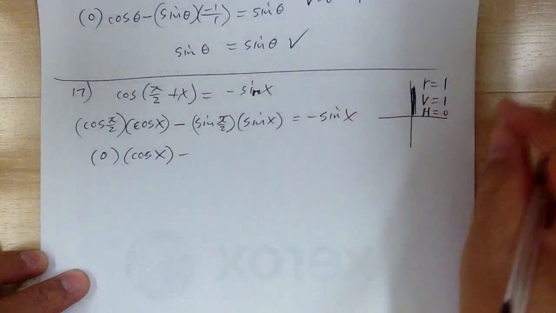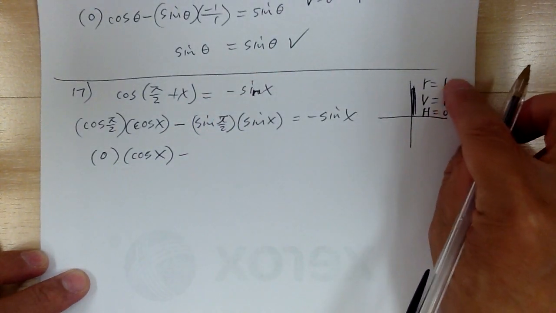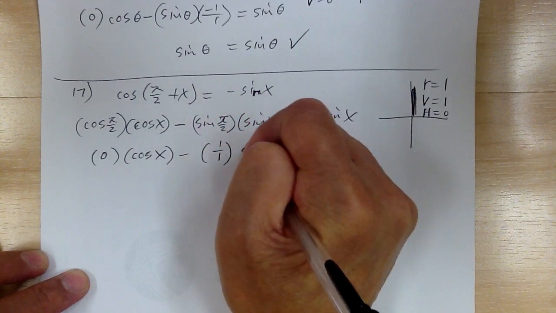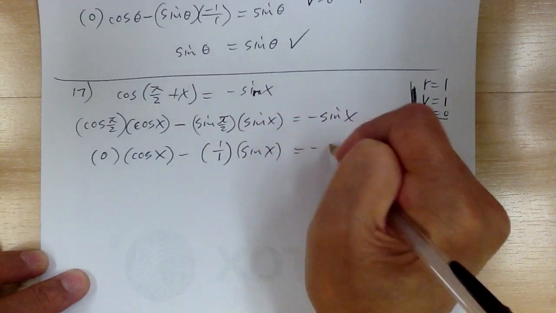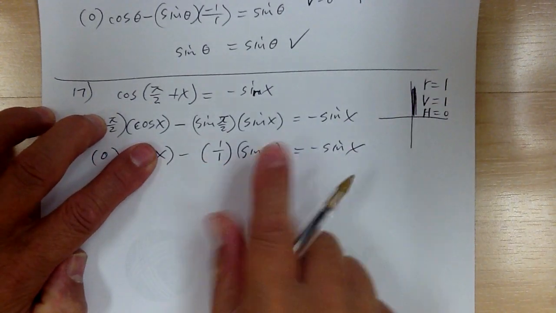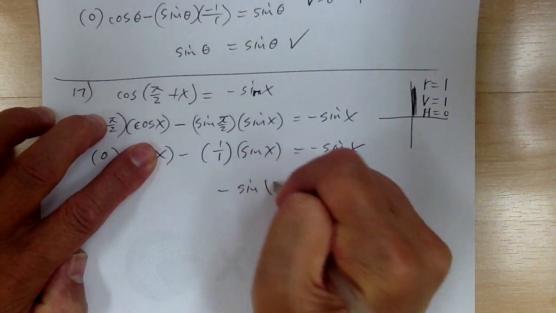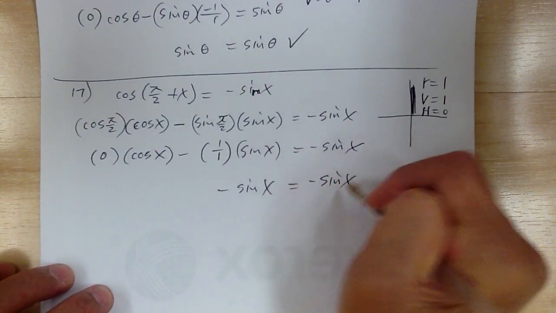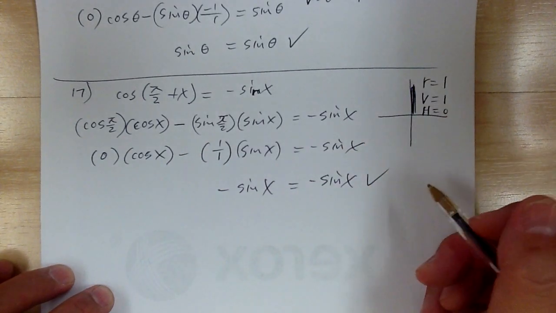Sine is vertical over hypotenuse, so 1 over 1. When you multiply, this gives you 0, and this gives you negative sine x. And this side you just follow through. When both sides are identical, you put a check mark. And that's it for number 17.